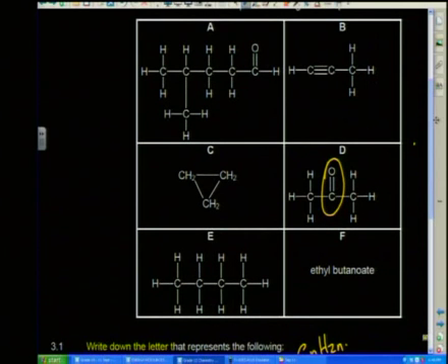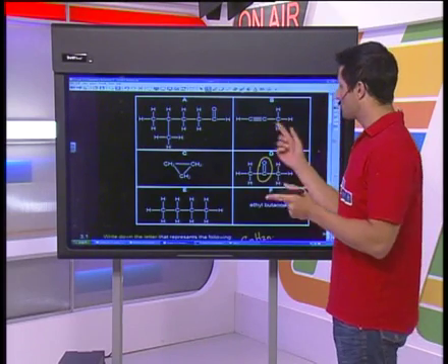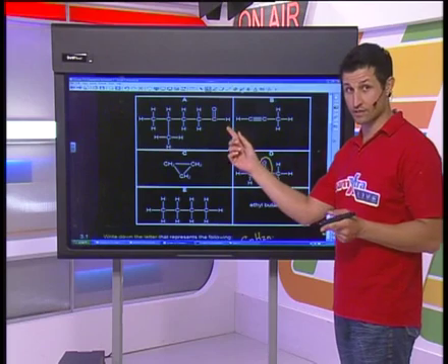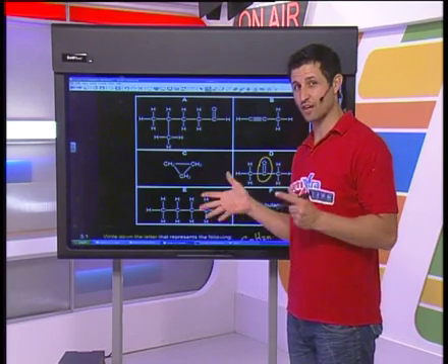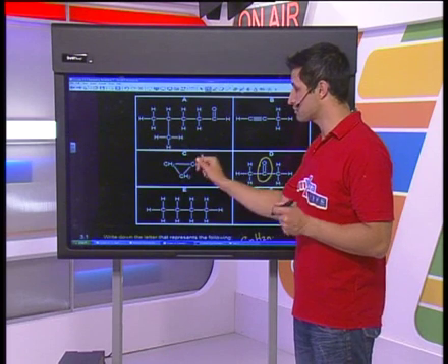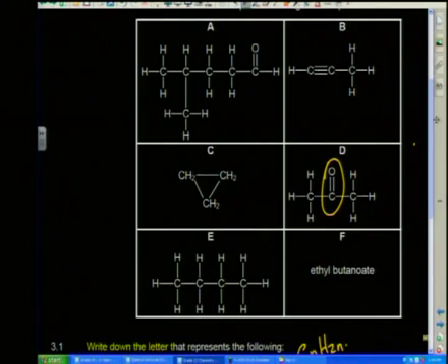Now that's quite easy. I can cross out option A. There are way too many carbons. Option B, a possibility, but there are too few hydrogens. I found that there's only 4 of them. Option C, I think I might have a winner here. 1, 2, 3 carbons. I've got 2, 4, 6 hydrogens. I've got C3H6.